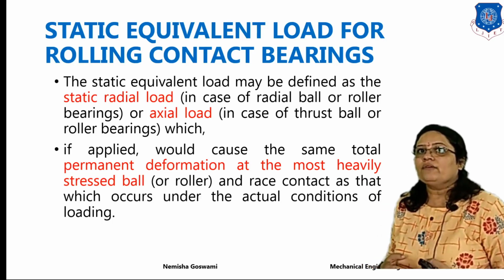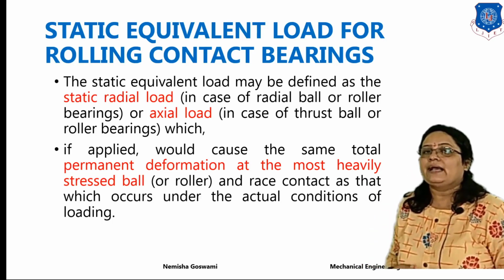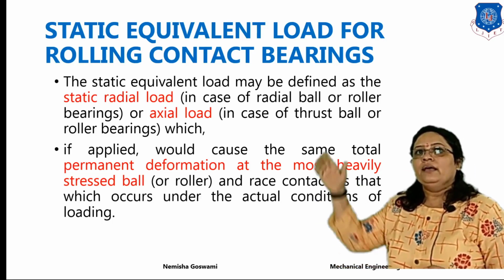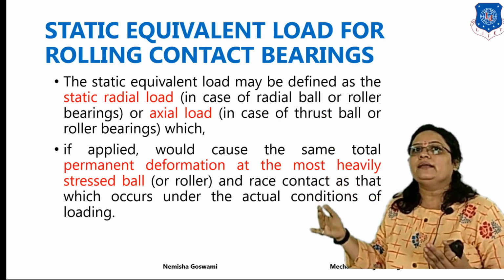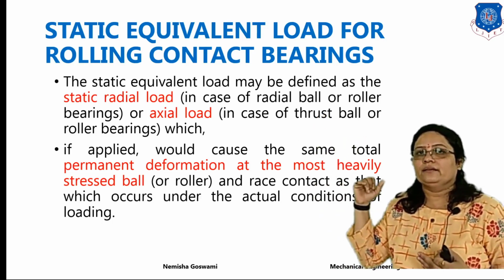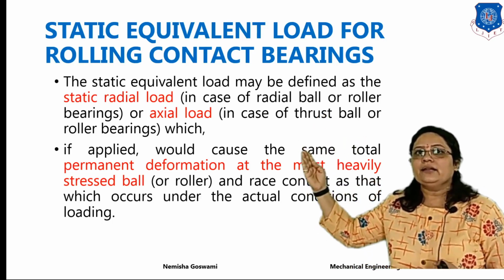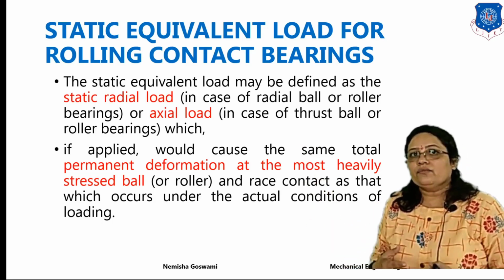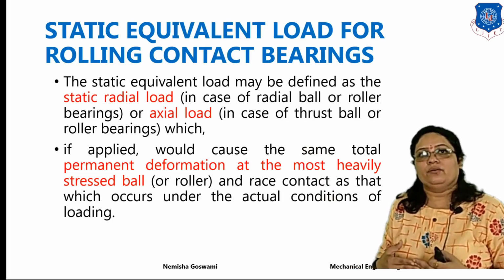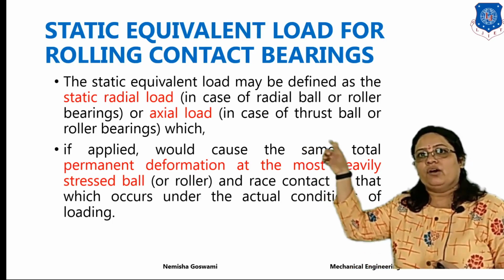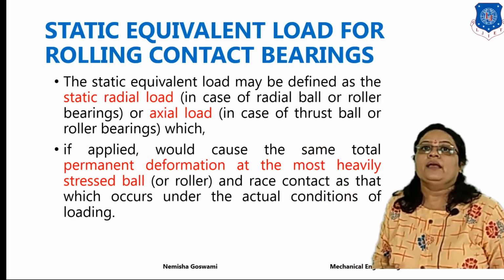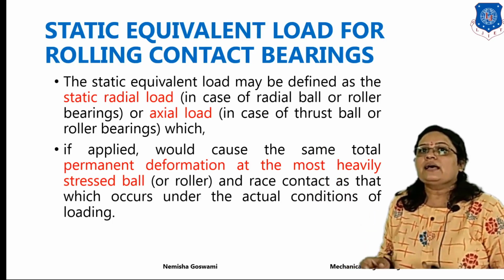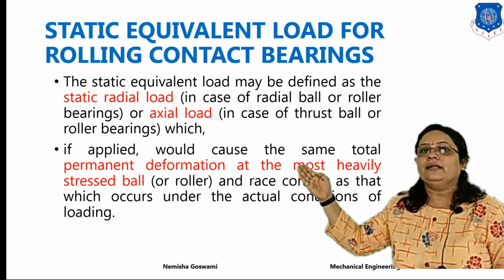So static equivalent load may be defined as static radial load, in case of radial ball or maybe radial roller bearing. Similarly, axial load may also be possible for your thrust ball or roller bearing. So for ball bearing or roller bearing, when these loads are applied, they will cause the same total permanent deformation.